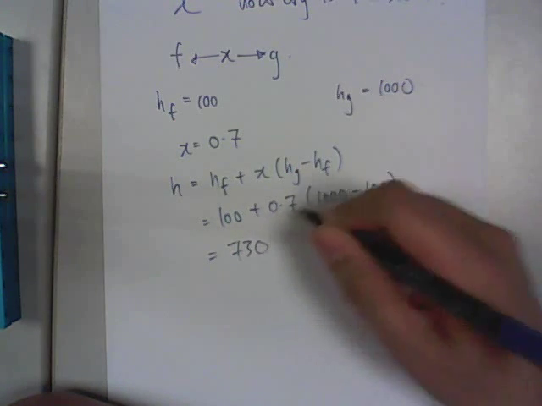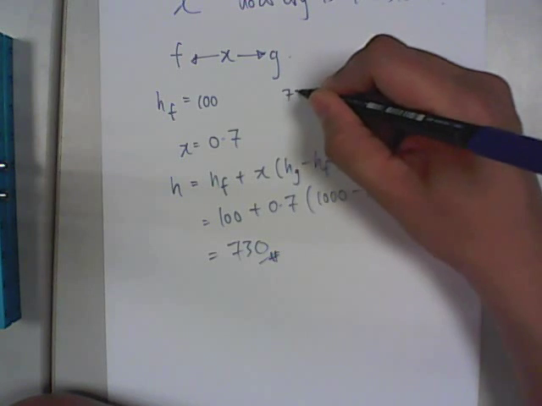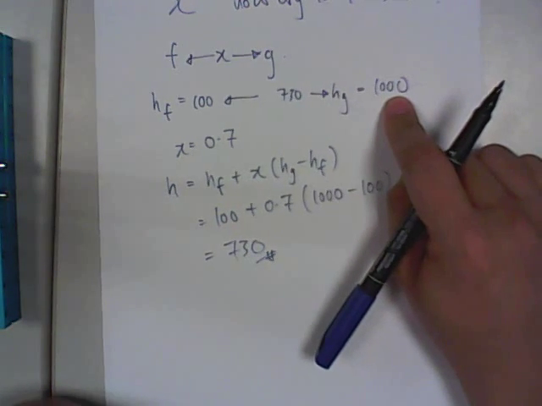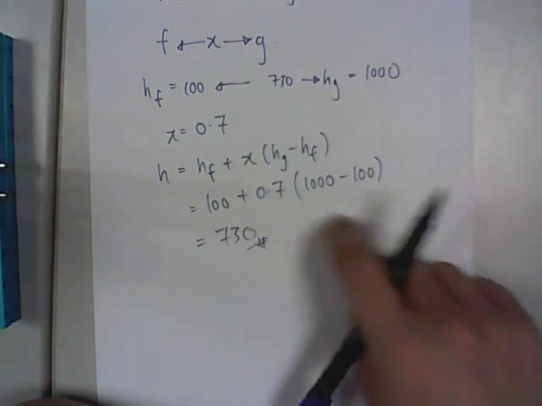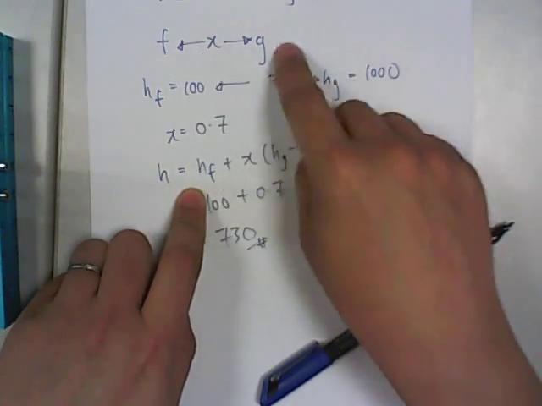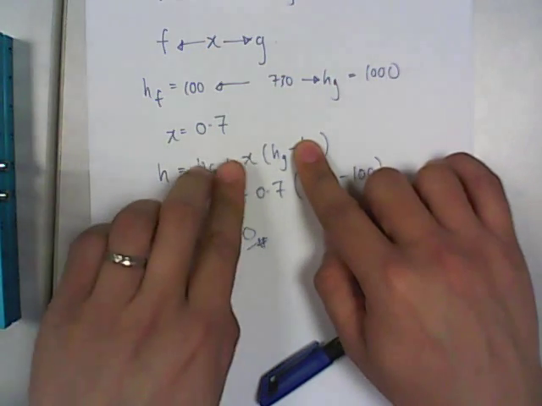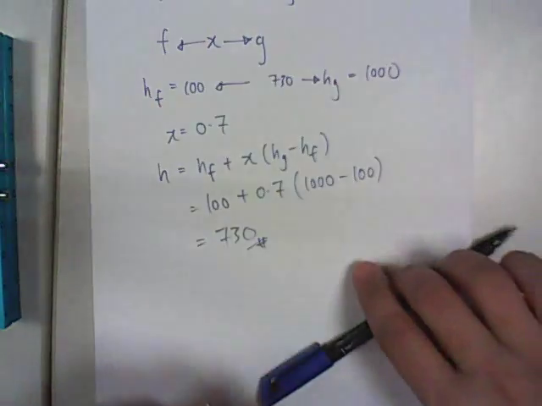So your answer will be 730. So this 730 is between 100 and 1000. You can check: if x equals 0, you realize that h is simply hf. If x equals 1 and you put this inside, you will realize that these two will cancel out and h will just be hg.